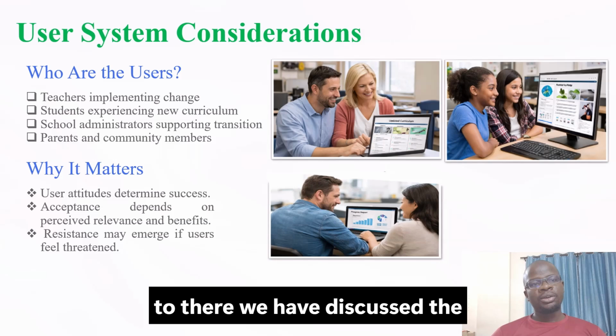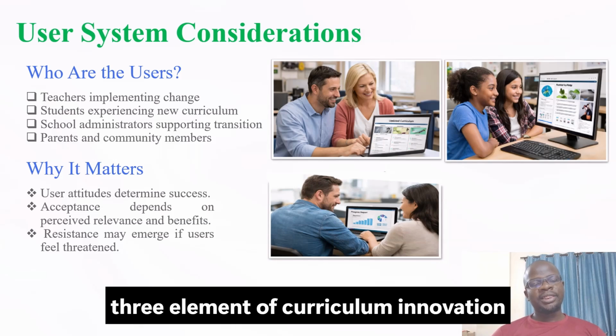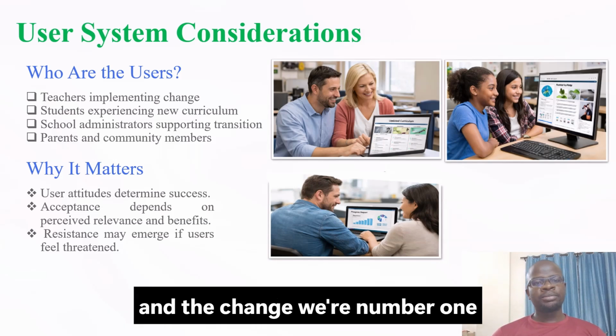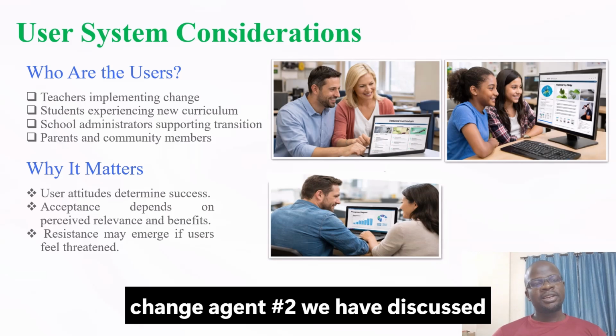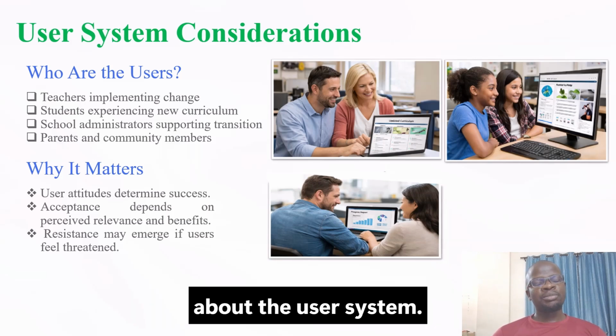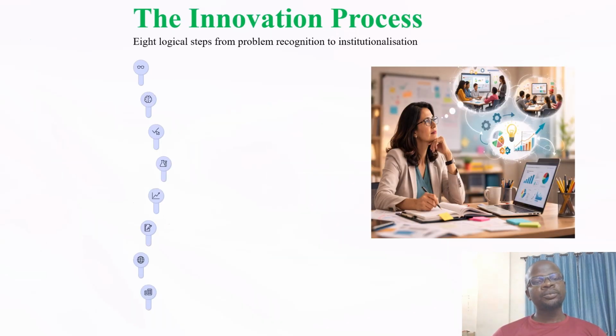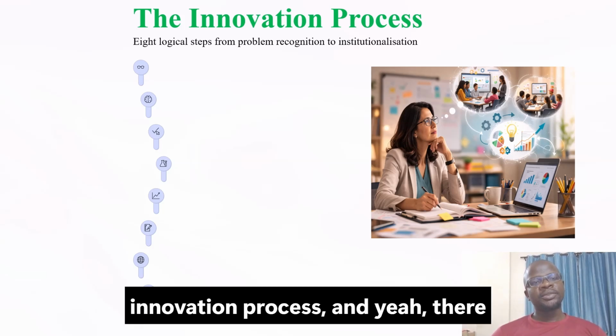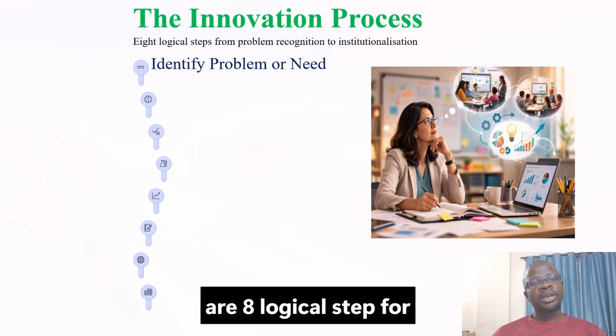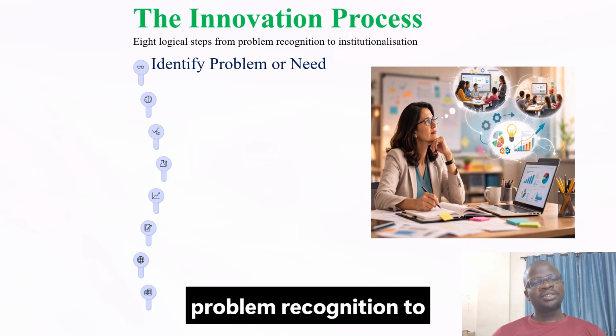So up to there, we have discussed the elements of curriculum innovation and change. Number one, we discussed the change agent. Number two, we discussed the user system. Then we discussed the innovation process. There are 8 logical steps from problem recognition to institutionalization.